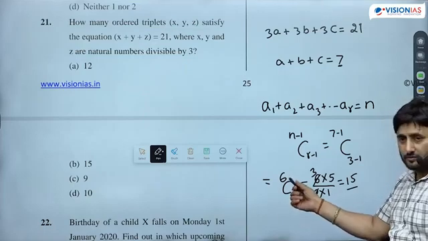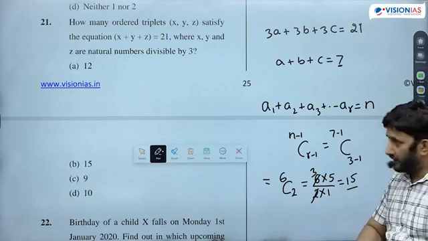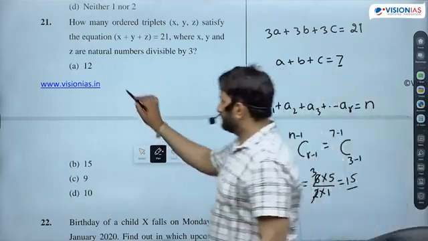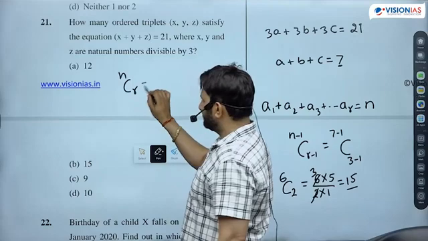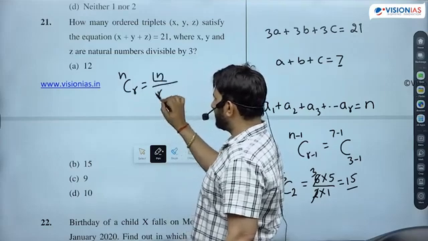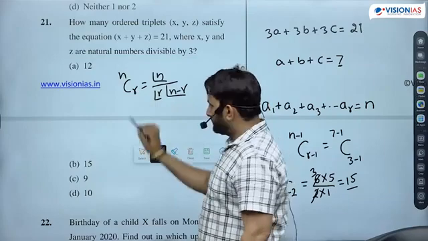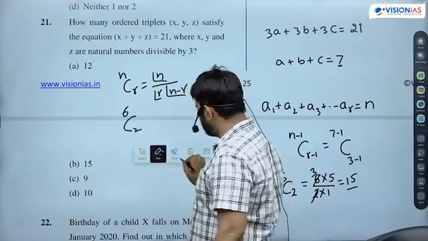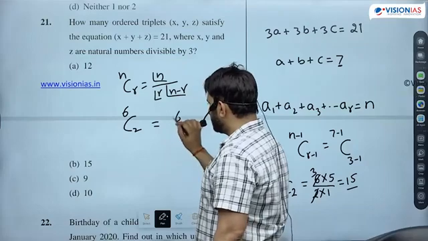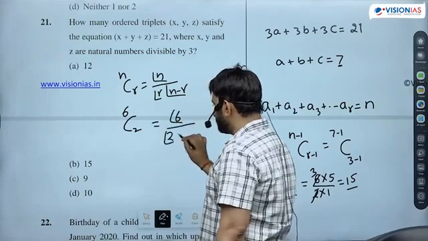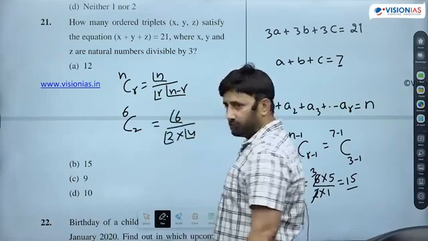What is the formula of nCr? nCr is n factorial upon r factorial into n minus r factorial. So 6C2 will be written as 6 factorial upon 2 factorial into 6 minus 2, which is 4 factorial.